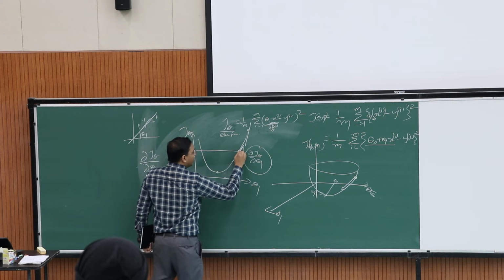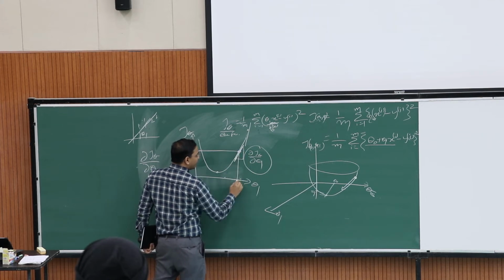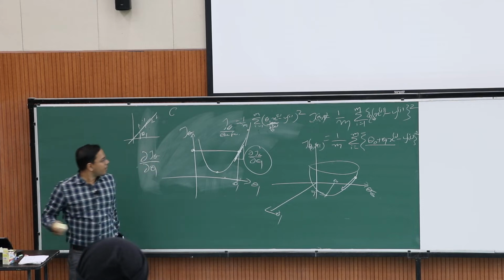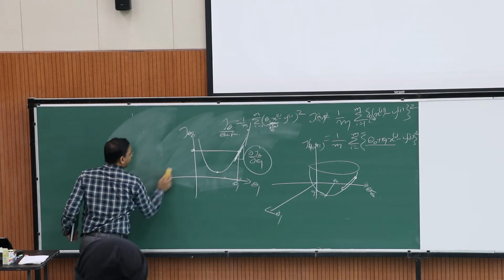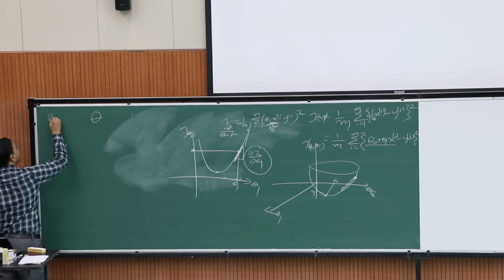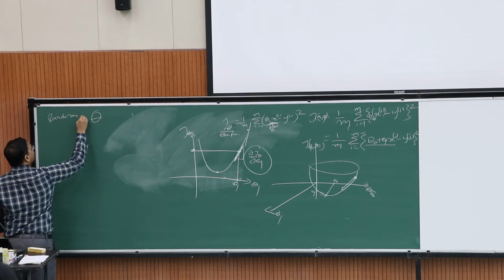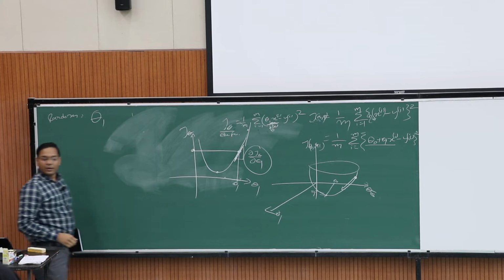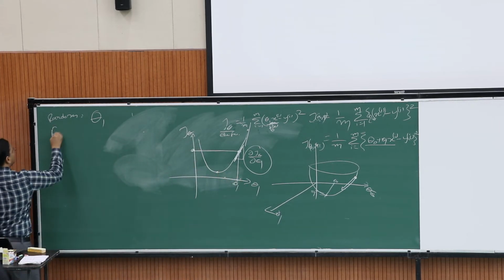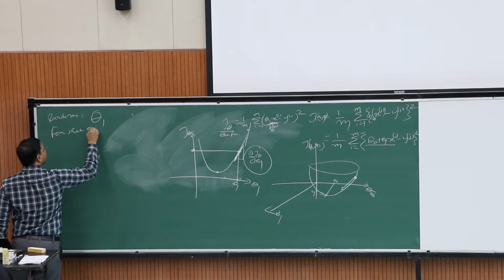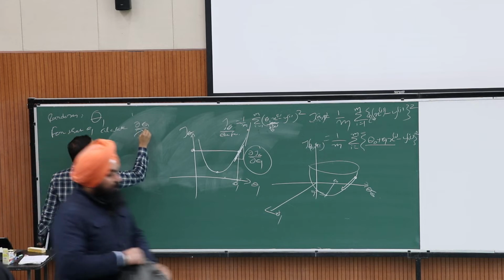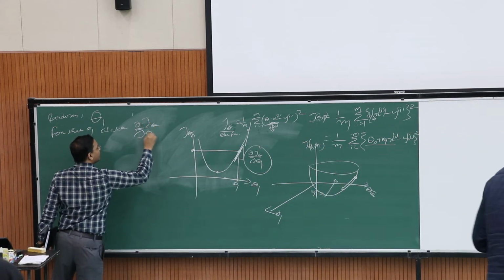So initially I will randomly initialize a theta 1, and for that theta 1 calculate dou J theta by dou theta 1.